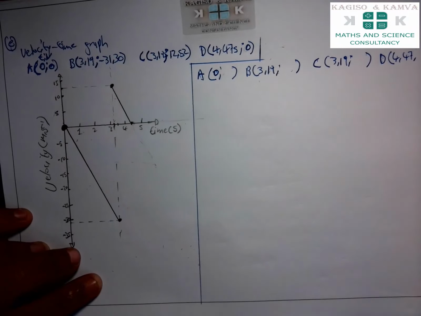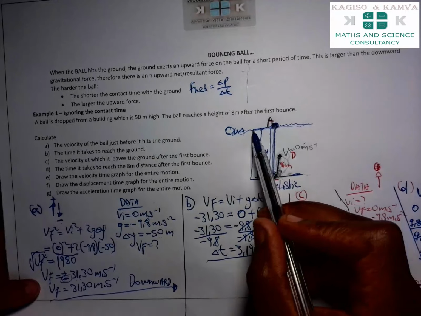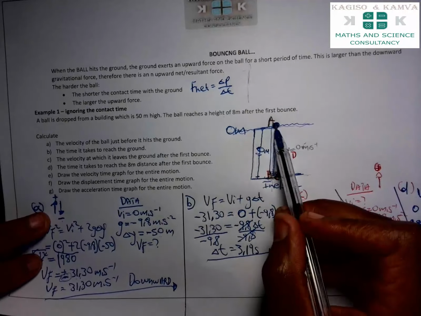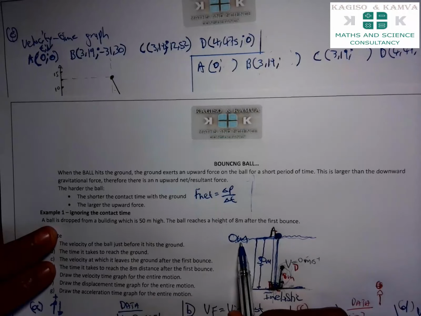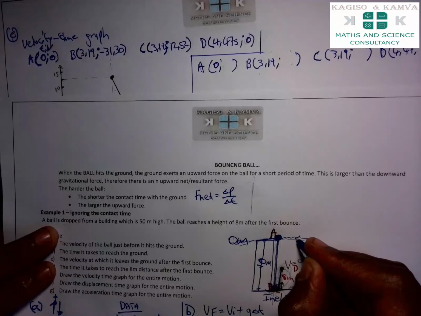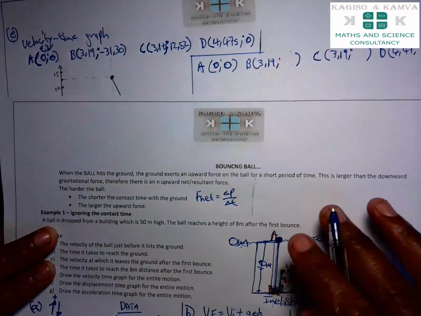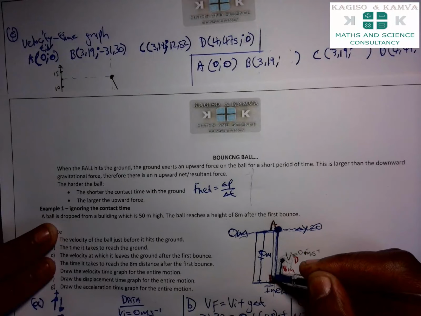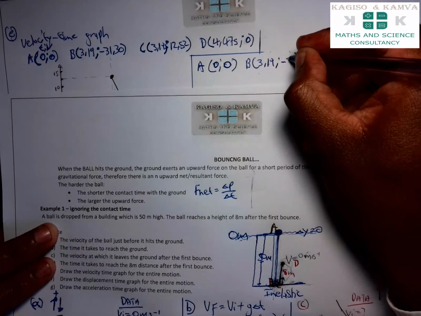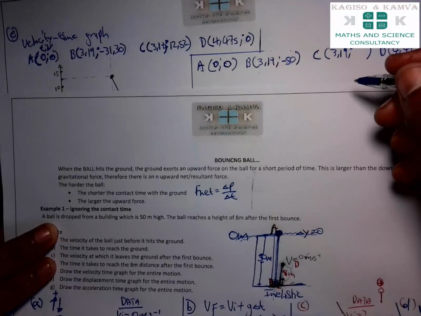Okay, now let us find the displacements. At A, if we take A as the zero reference point, the time there is 0 and the displacement there is equal to 0. At B, what is the displacement? The displacement is negative 50, because the ball covered a negative displacement.